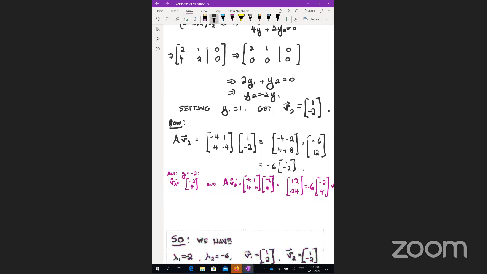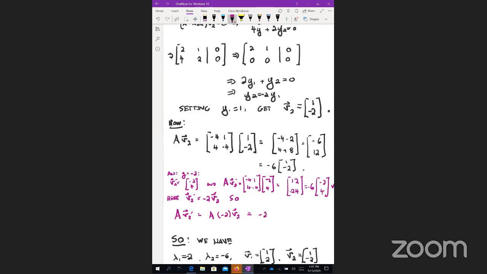So, change colors of things. That's cool. So here, v2 prime is just minus 2 times v2. So actually, we can just use the properties here, right? Because in fact, we have A v2 prime is equal to A times minus 2 v2, by commutativity of scalar multiplication.